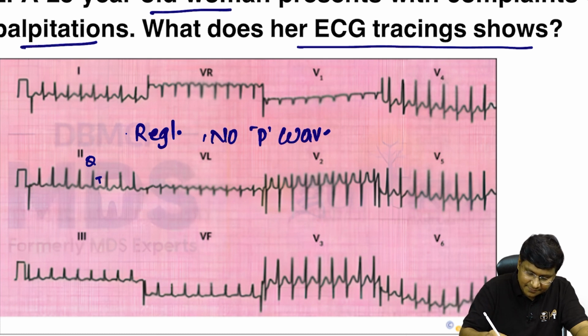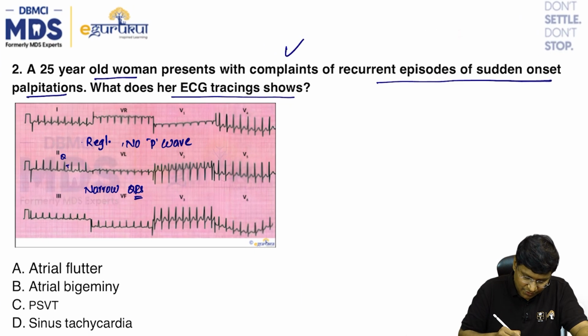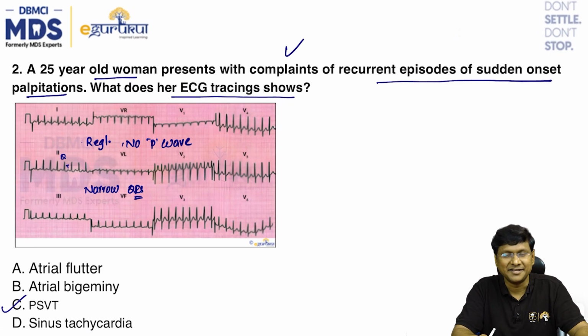And the third point, if you take the QRS complex, you are having a narrow QRS complex. So regular rhythm, absence of P wave and narrow QRS complex is suggestive of paroxysmal supraventricular tachycardia.